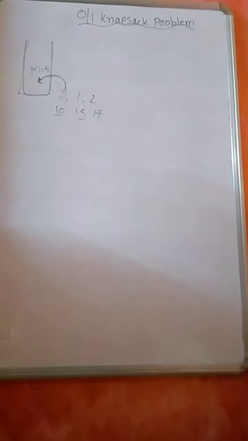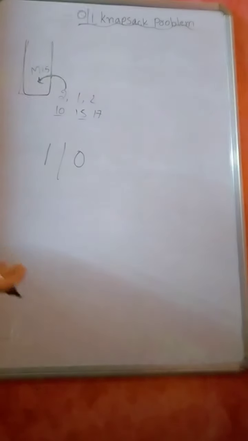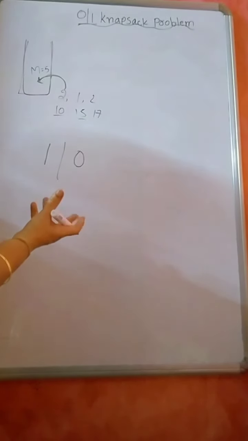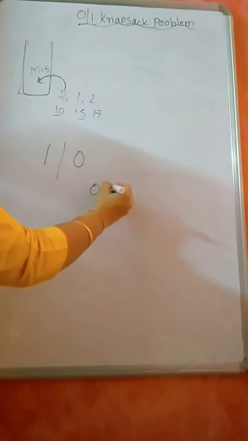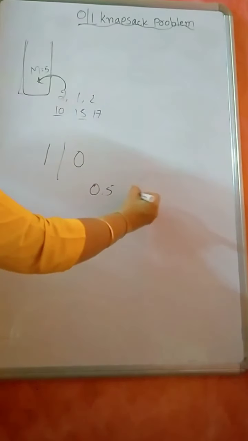As the name indicates, in the 0-1 knapsack problem, either you select the object, that is 1, or you reject the object, that is 0. Whereas in the fractional knapsack, I may select 0.5 or 0.7 of the object, or I may select the object completely.